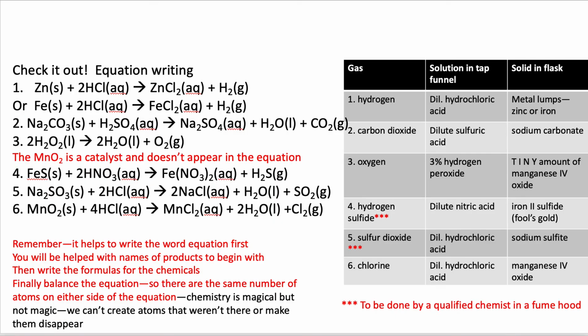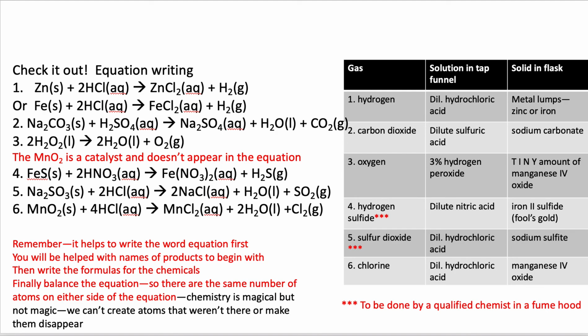And here we have the equation writing. And again, you'll get helped with some of them, but you've already met single displacement reactions, double displacement reactions. There's a decomposition here as well. And remember, when you're balancing, you've got to have the same number of atoms on either side of the equation.